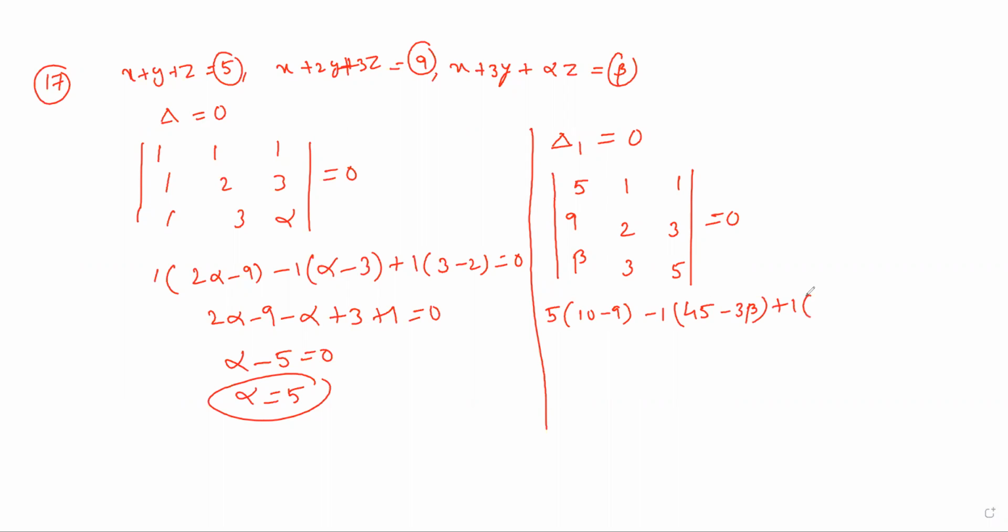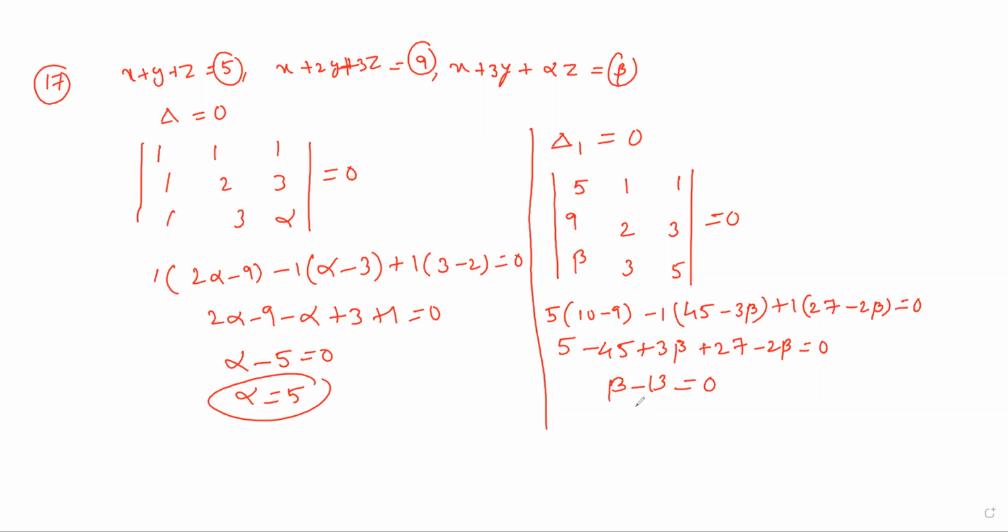Last, plus 1 into 9 3s are 27 minus 2 beta is equal to 0. 10 minus 9 is 1, that is 5, minus 45 plus 3 beta plus 27 minus 2 beta. Now 3 beta minus 2 beta, here 5 minus 45, that is minus 40. Minus 40 plus 27 is clearly minus 13 equal to 0.